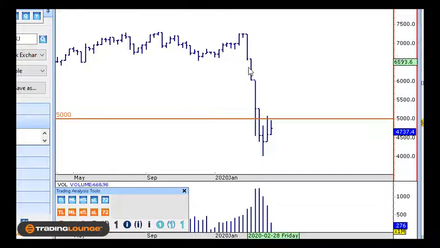In this move down, we can see that the volume's been increasing, but in these moves up, the volume on each bar has been getting less and less and less. Of course, this week's not finished, but it's got a long way to catch up in this case. So we are seeing the market move up, and we're seeing the volume diminish here.